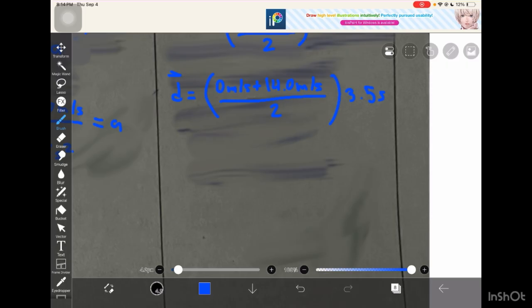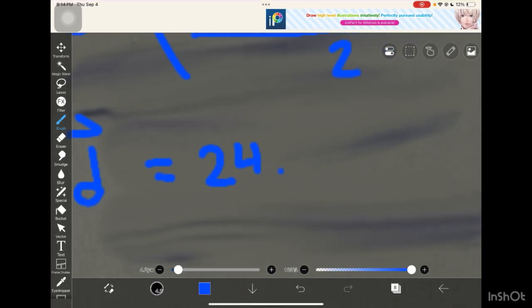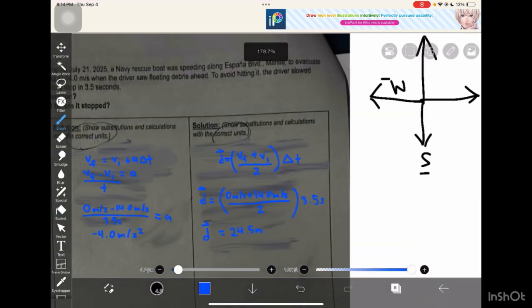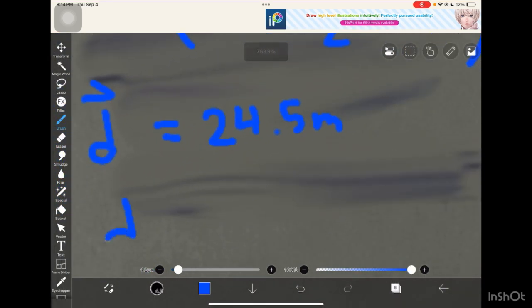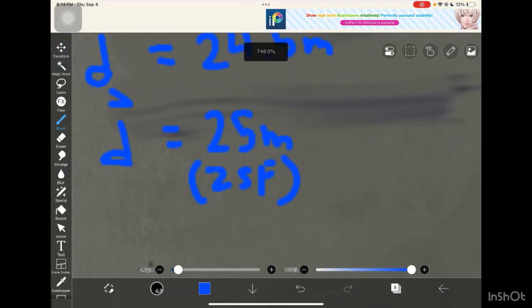Over 2, 3.5. Oh, why does it say syntax error? Okay, there. So if we did that correctly, it should equal 24.5 m. But we have 2 SFs for 3.5, so it has to be 2 SFs. So that's 25 meters. 2 SF. 25 meters.